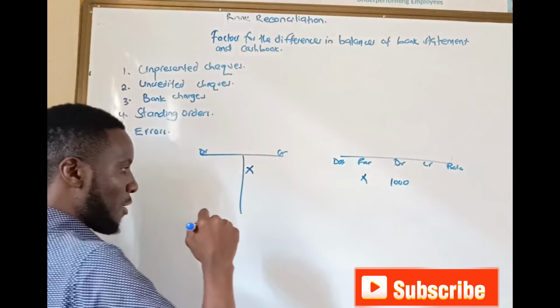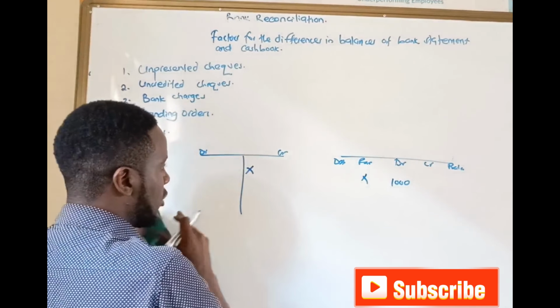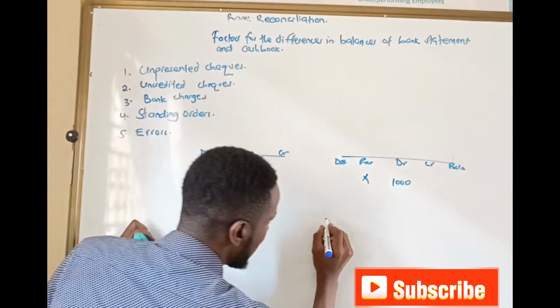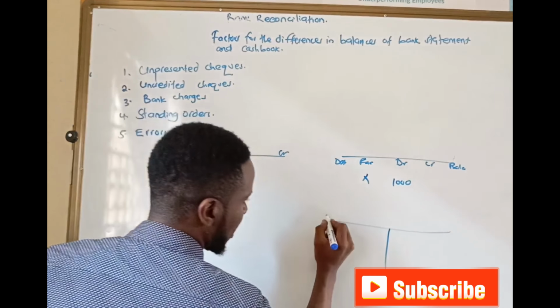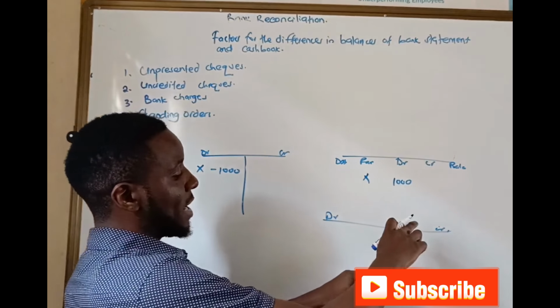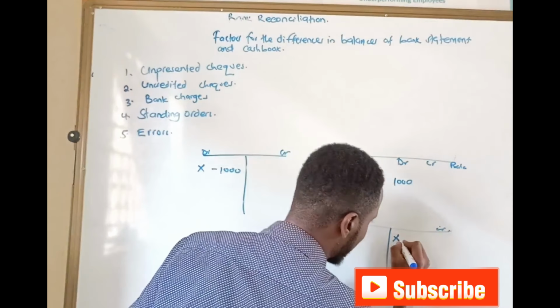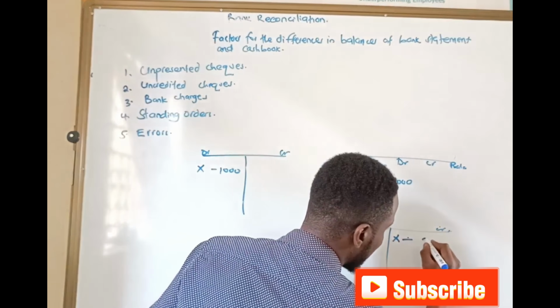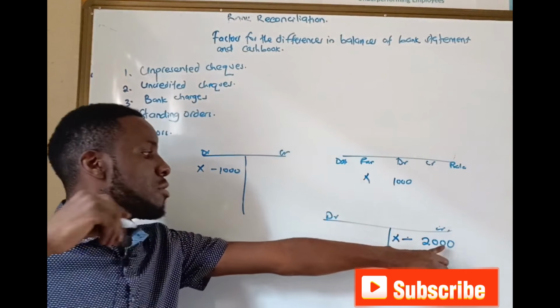Because we posted it on the wrong side, our X still remains here as 1,000. Now we prepare our adjusted cash book like this: debit, credit. Because it was supposed to go on the credit side, we come and place it on the credit side. Then after placing it on the credit side, we shall say 2,000. Why do we make it 2,000?